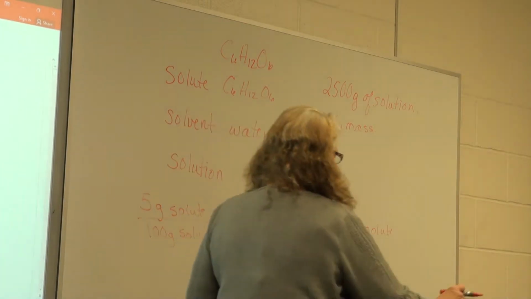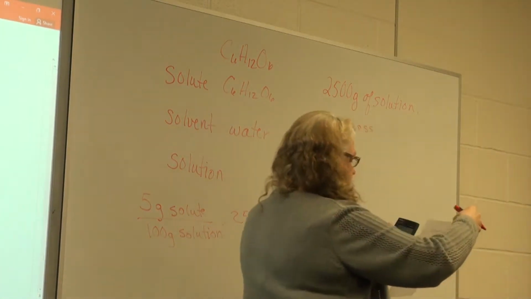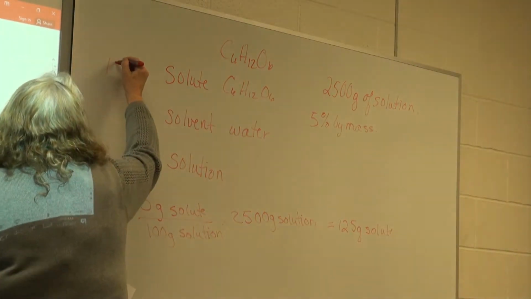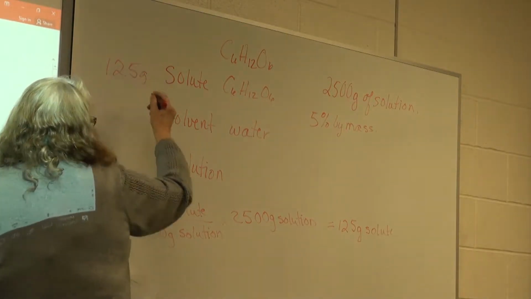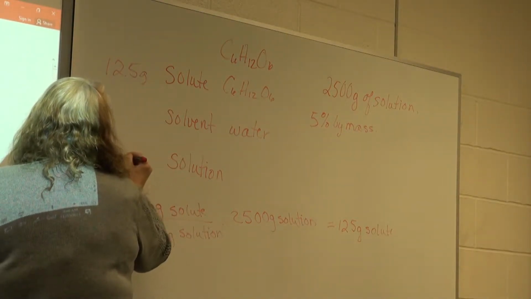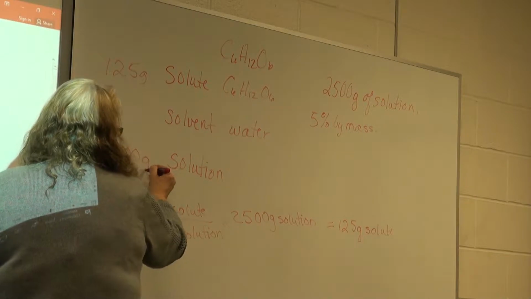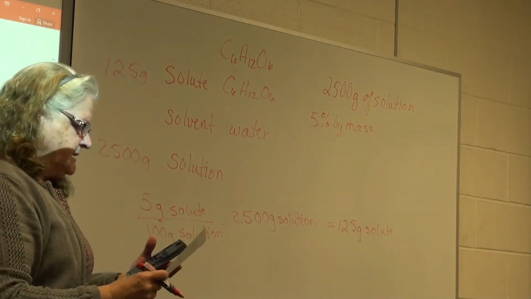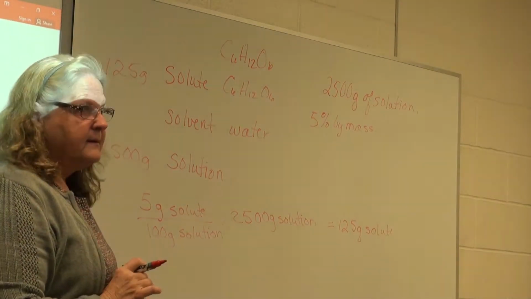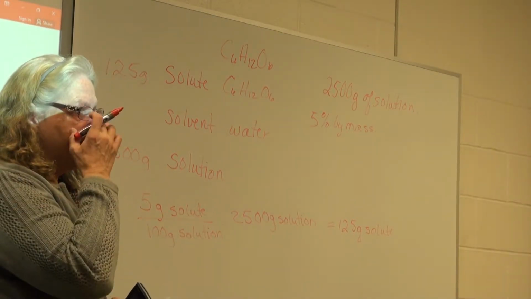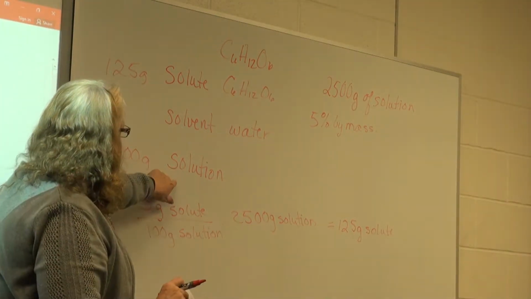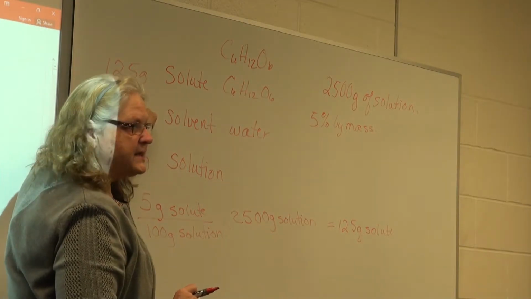I lost the sheet. All right, so I know that I need 125 grams of this, and I know that I want to make 2,500 grams of solution. So how much water do I need? You subtract the two. I subtract the two, exactly. My solution is my solute plus my solvent.